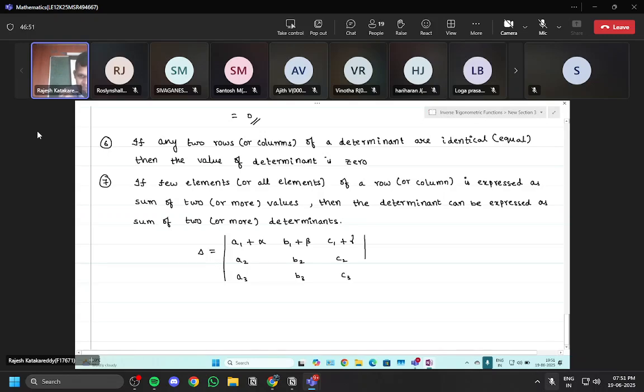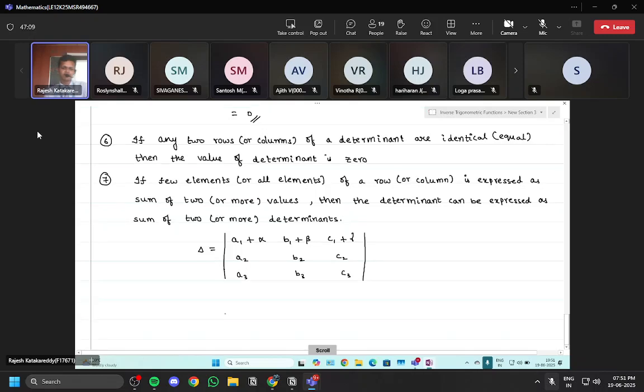So if few elements or all elements of a row or a column is expressed as sum of two or more elements, maybe like this can be elements or values, whatever it is, in that case this single determinant can be expressed as two different determinants.